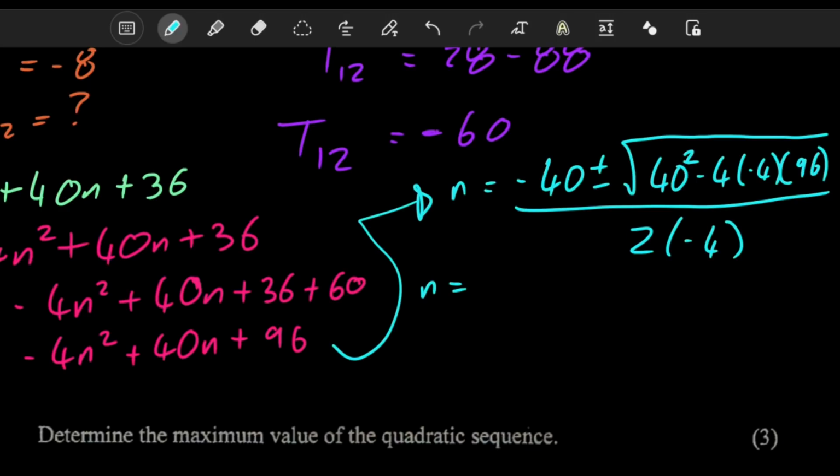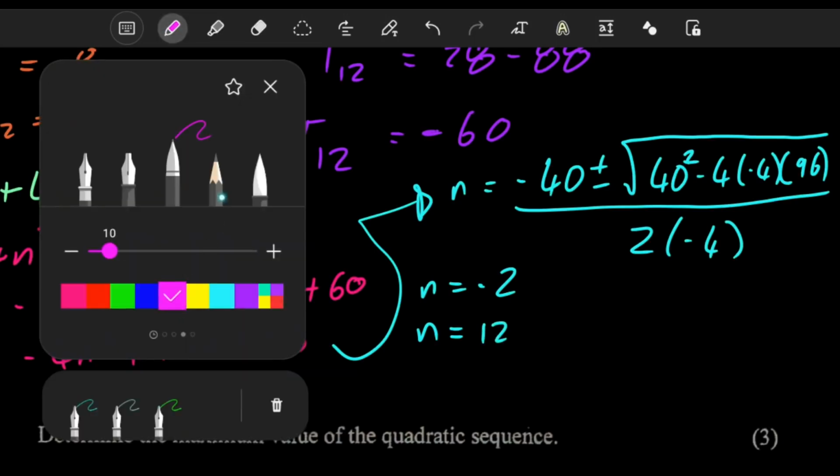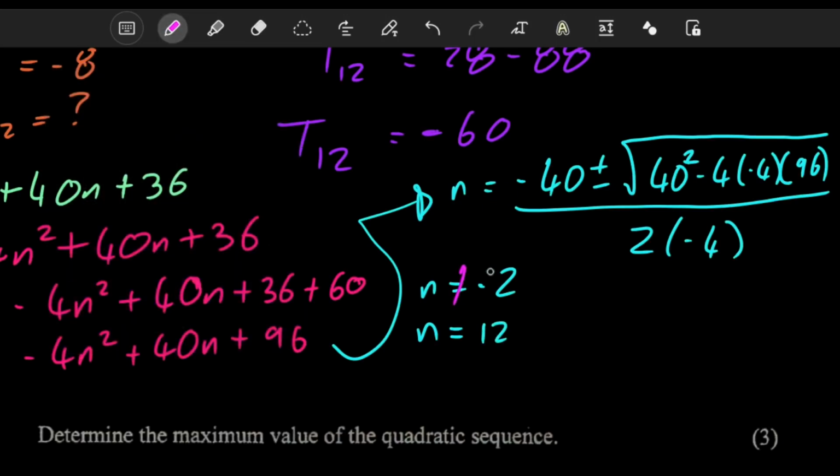But anyways, here n is -2, which we are going to need to invalidate. The next one is +12. So this is a huge coincidence, people. Obviously n is referring to the position in the sequence, and the position in the sequence cannot be negative. So you're going to have to rule out the -2 over there. It just means here n is equal to 12.